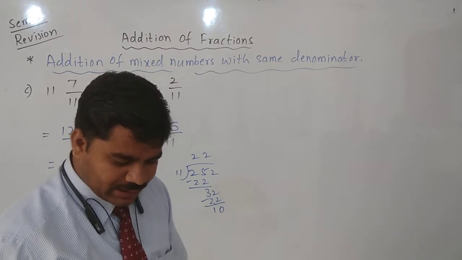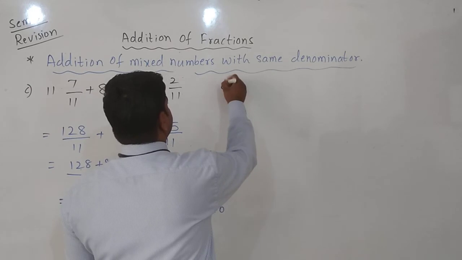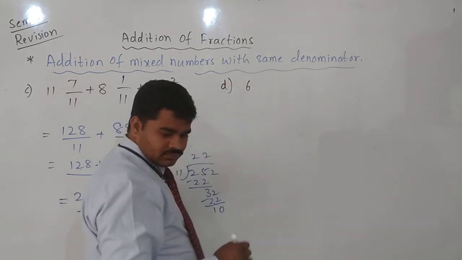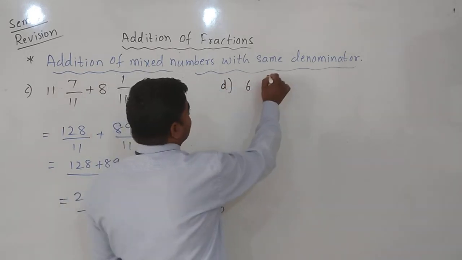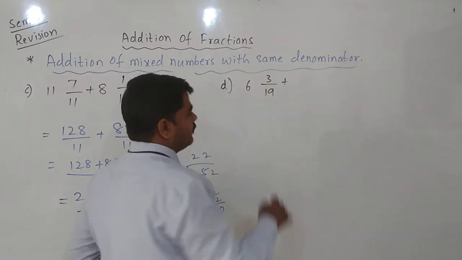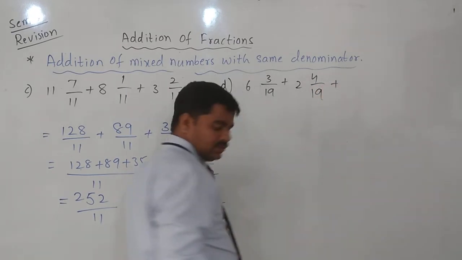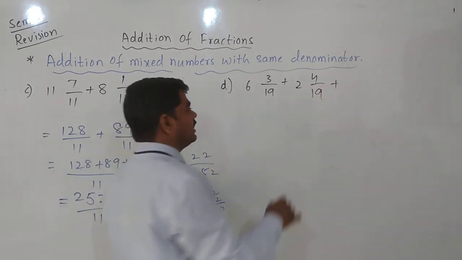With the same denominator, 6 integer 3 by 19 plus 2 integer 4 by 19 plus one more fraction 3 integer 8 by 19.